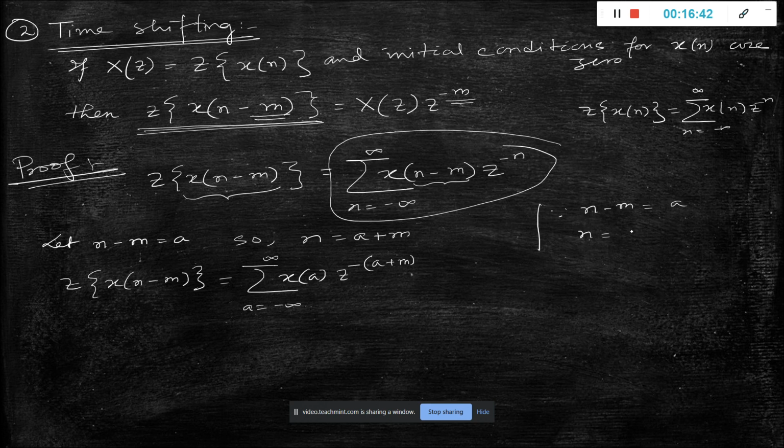So n equal to a plus m. So if n tends to minus infinity, then a also tends to minus infinity, because a equal to n minus m. Minus infinity minus m, that means a also tends to minus infinity, as well as n tends to infinity. तब क्या होगा?